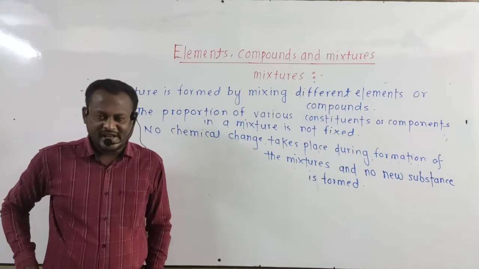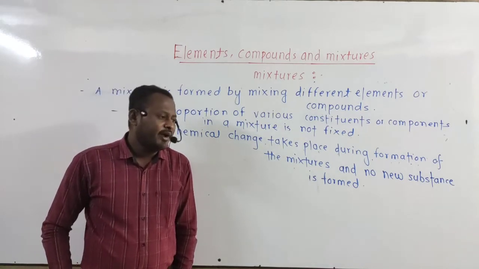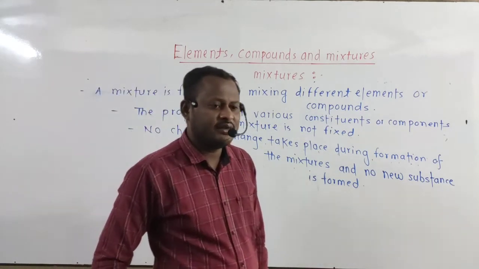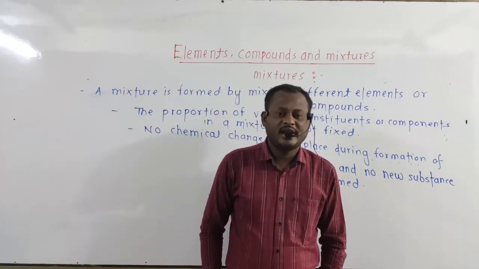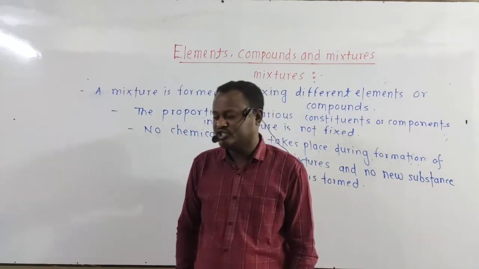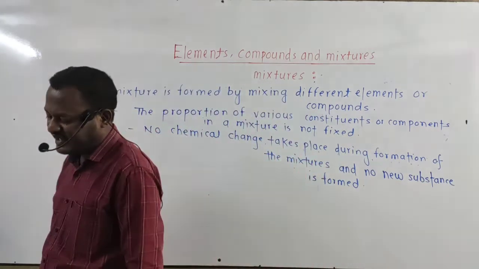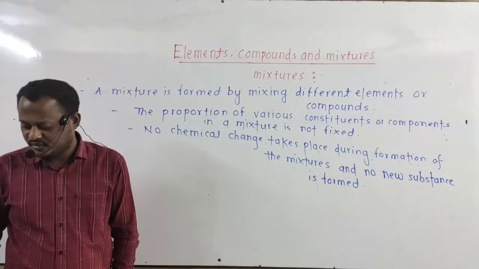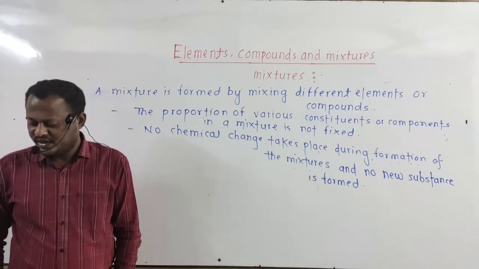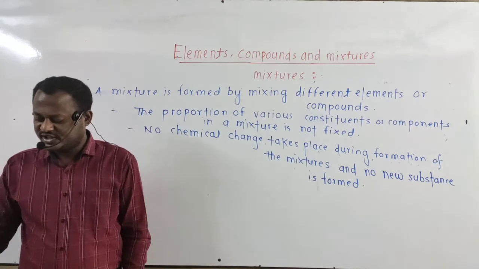You can also tell different examples. And one thing, cooking food is a chemical process. That is a chemical change. In that new substance is formed, and that's why that is a chemical change.